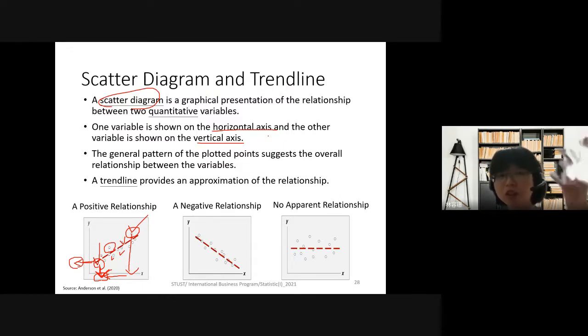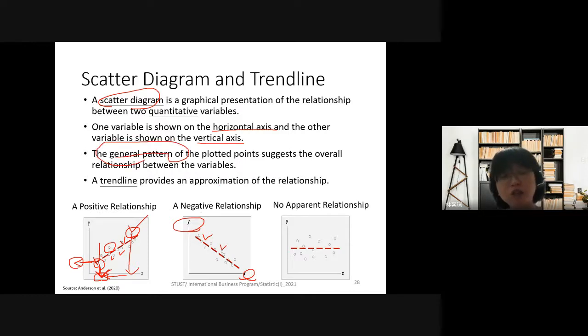For example, the gender and the age, or the working experience and the age, or the weight and the height, about you or about your classmates, would be expressed by the two axes. Then through such dots, we can get a general pattern on it and tell us the relationship.